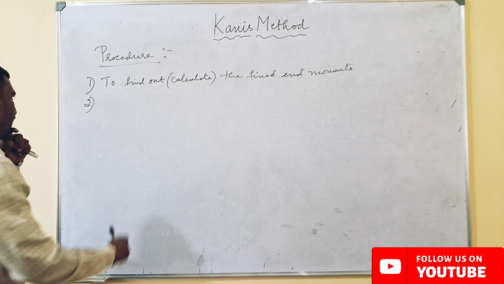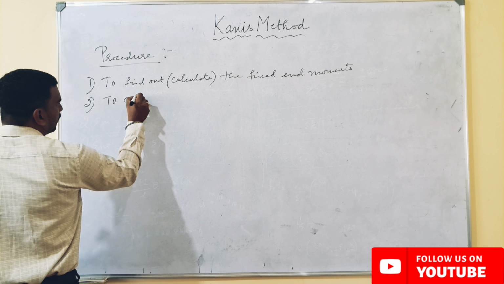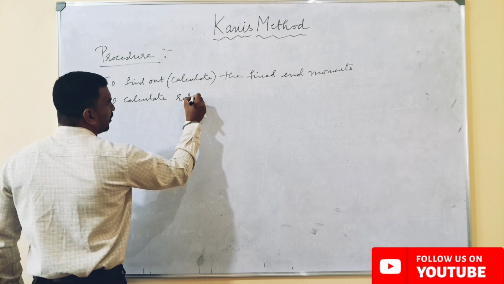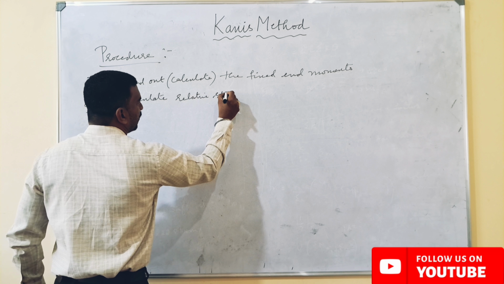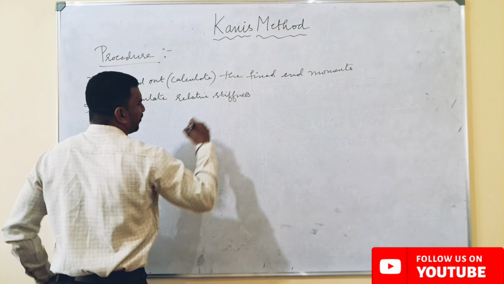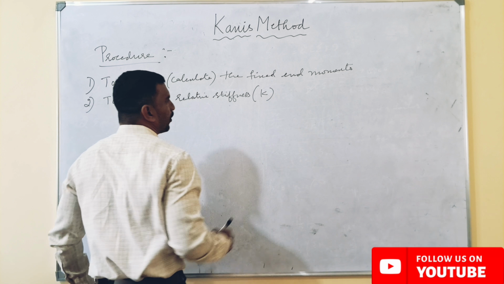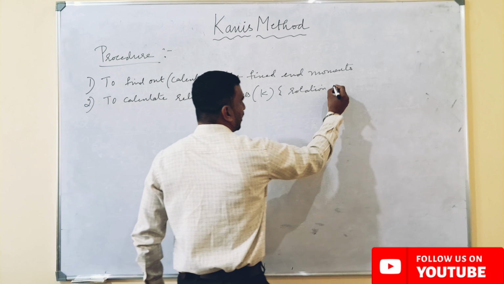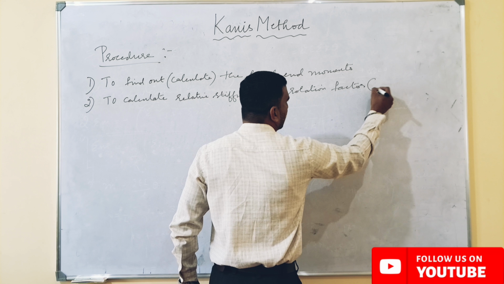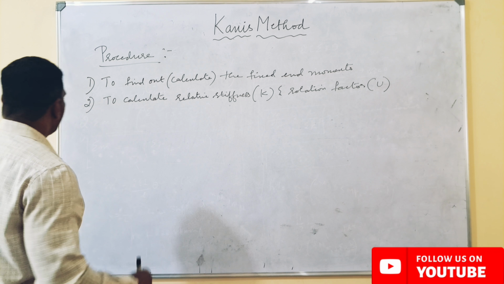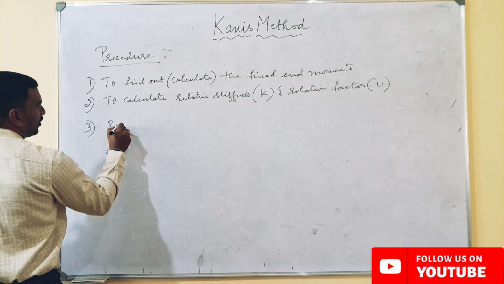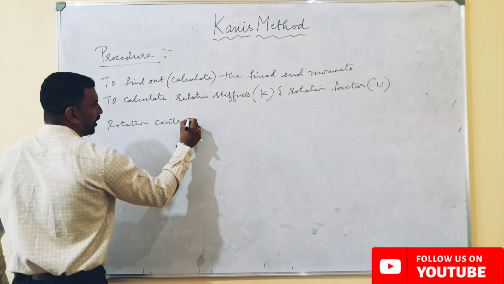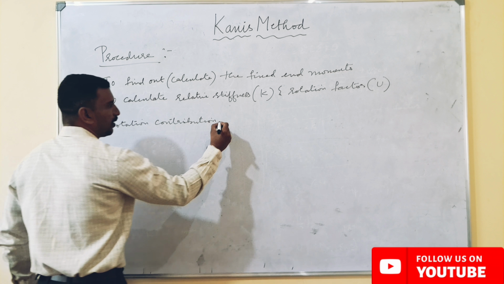Second point, to calculate the relative stiffness, K, and the rotation factor, that is U. And next we have to calculate the rotation contribution at each joint.